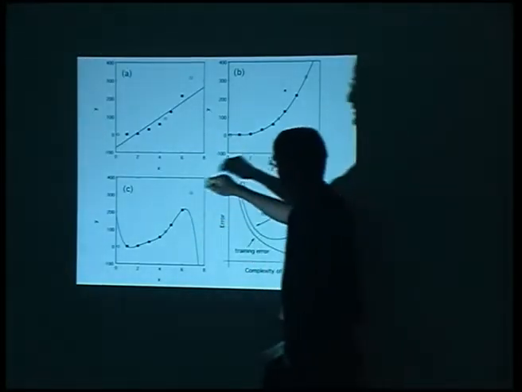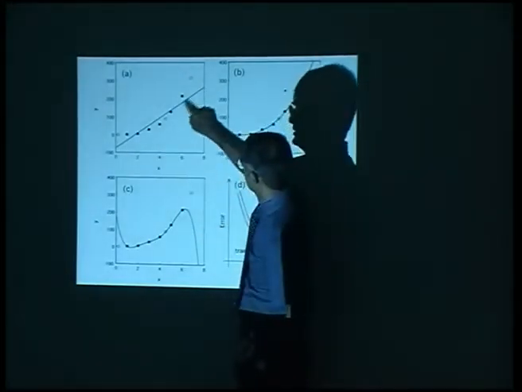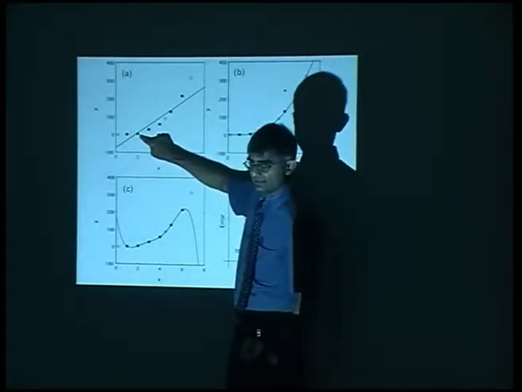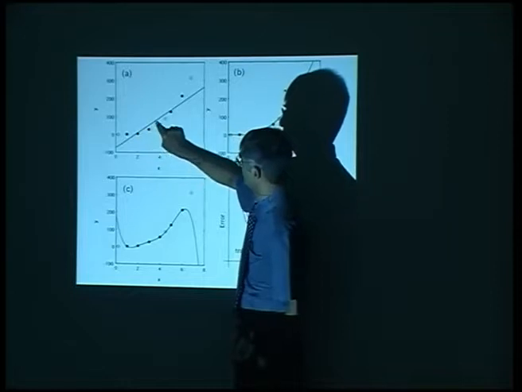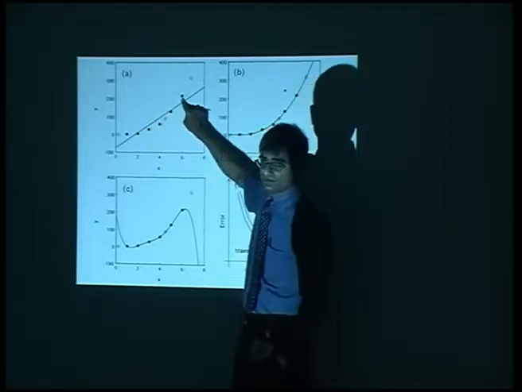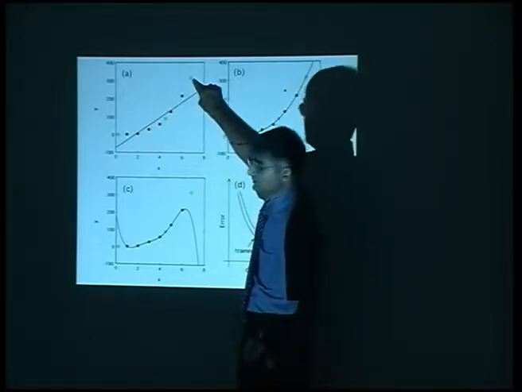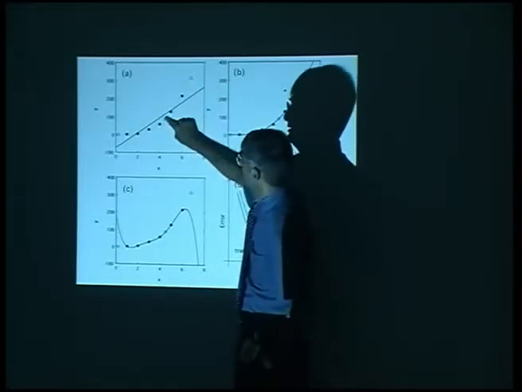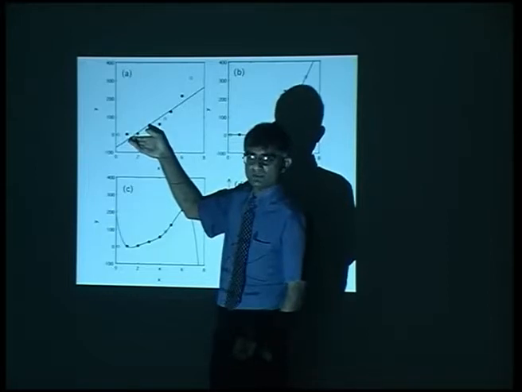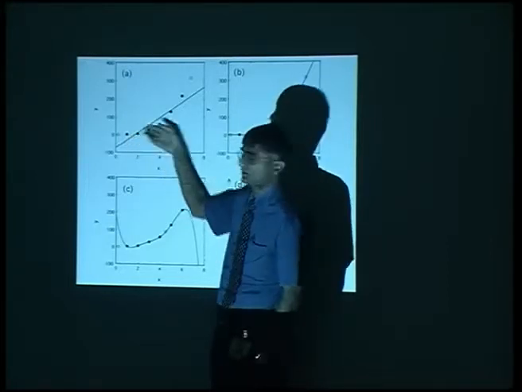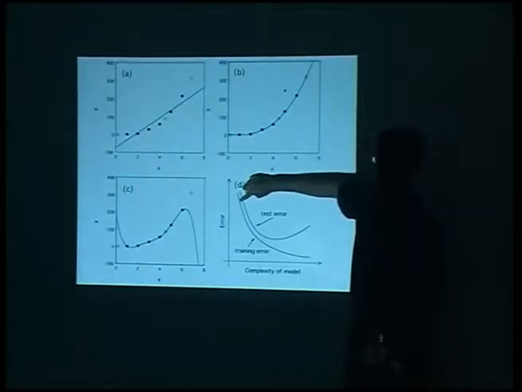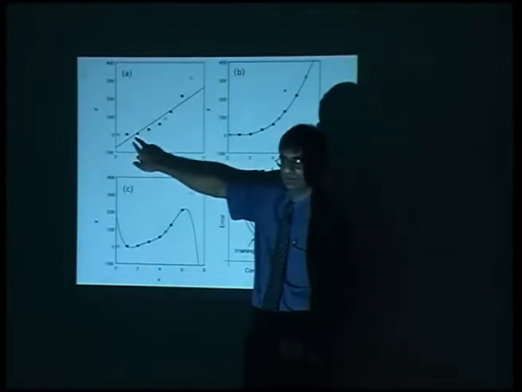You can see here the model is too simple, so the error associated with the training data, the black data, is going to be large because we have all these discrepancies here. And similarly, the error associated with the test data, which have never been seen by the model, is large because we simply don't have enough complexity here to model the shape of the data. So we will have a large test error and a large training error if our model is too simple.